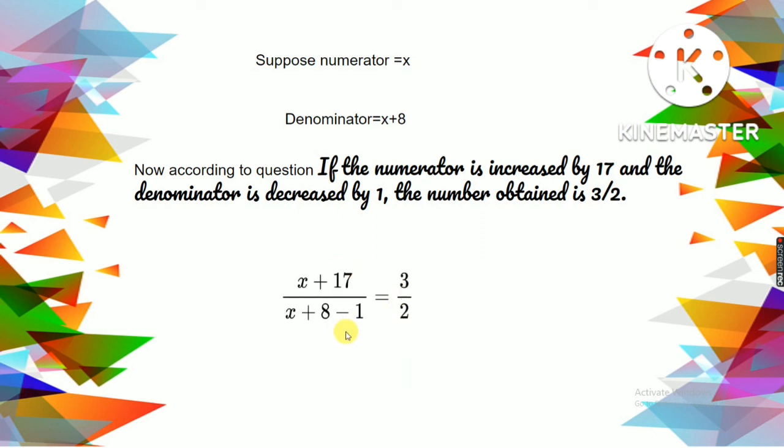Now x plus 17 upon x plus 7 is equal to 3 upon 2. Now we would cross multiply the two terms. We would get 2 multiplied by x plus 17 and 3 multiplied by x plus 7.